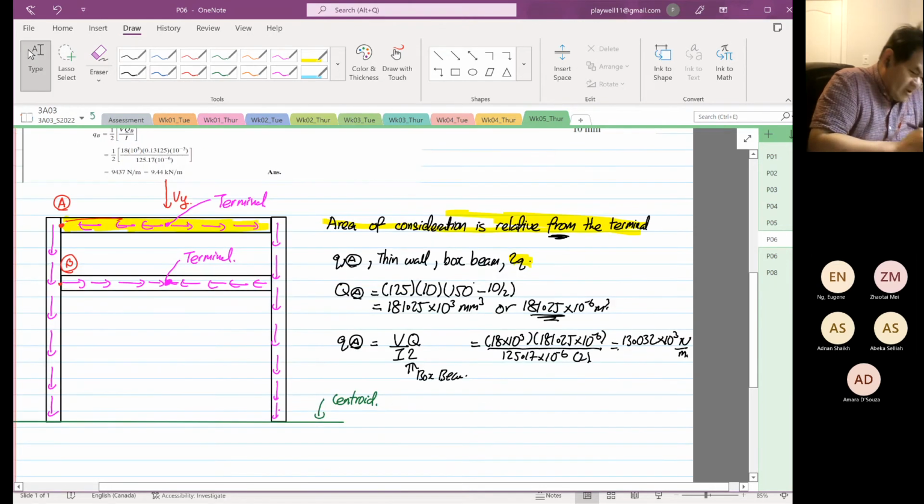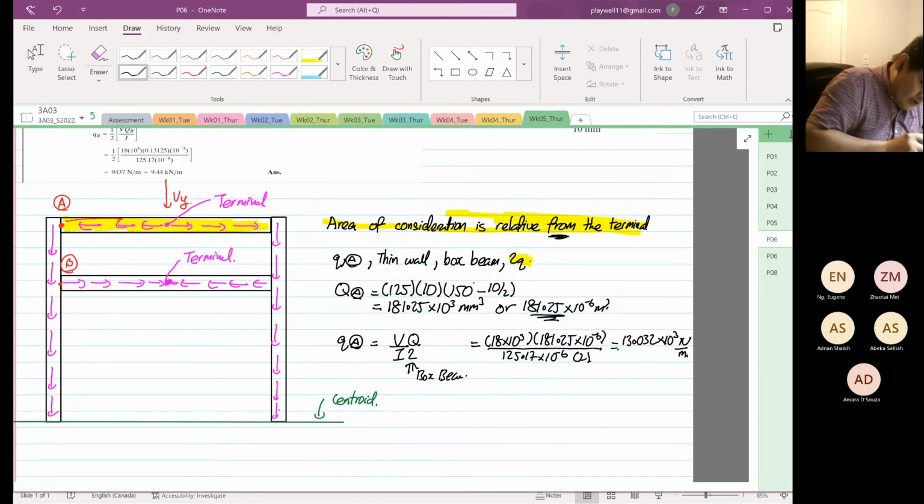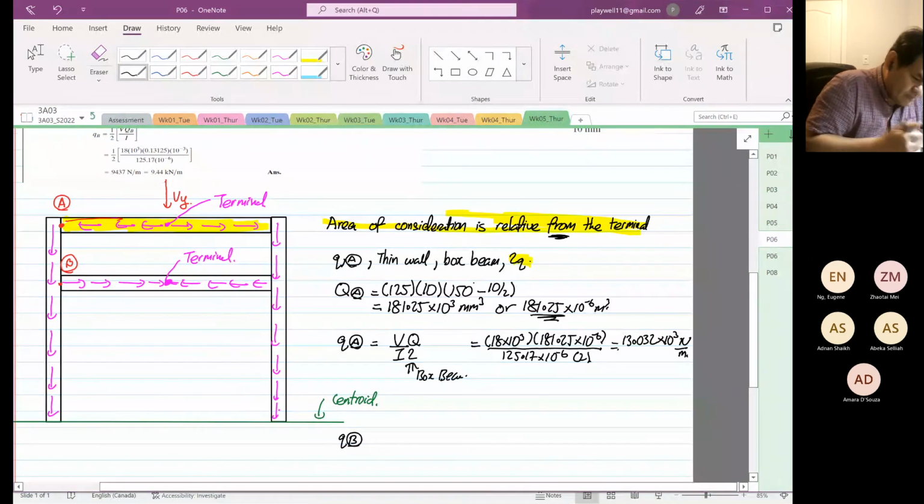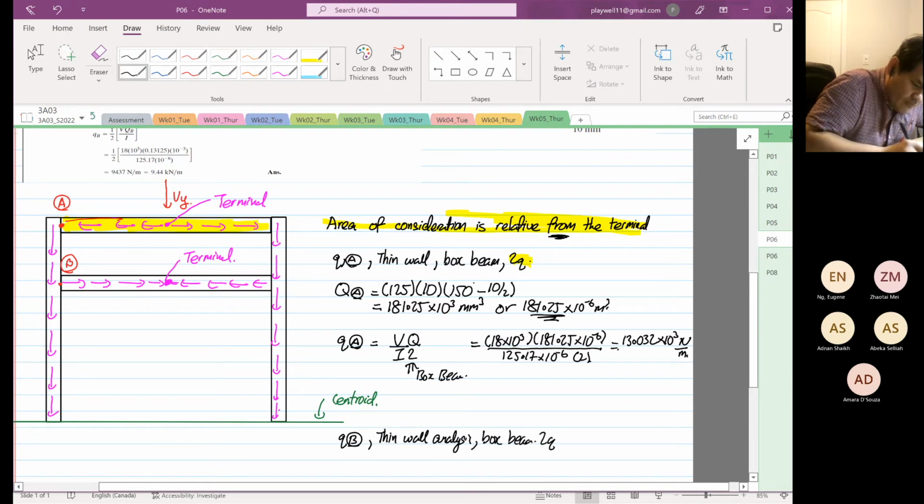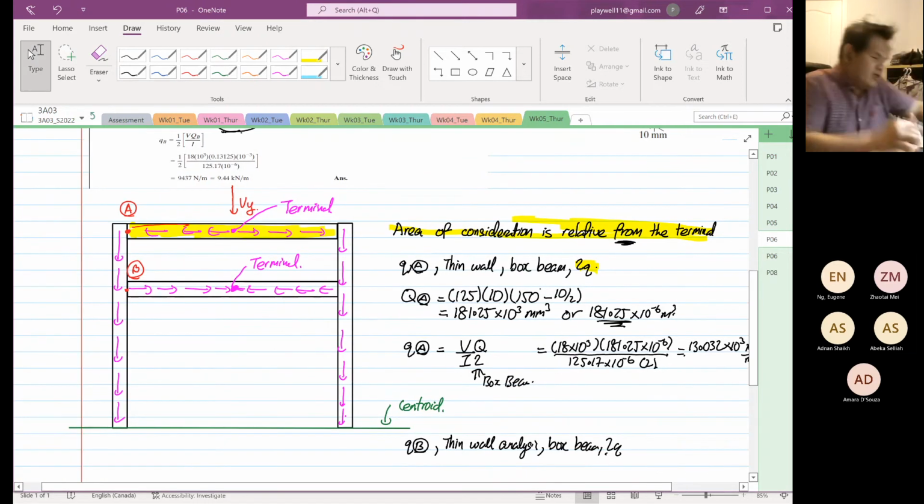Now, how about Q at point B? Okay, so again, this is also thin wall analysis. And it's also a box beam, 2Q. Now, what is the area to consider?